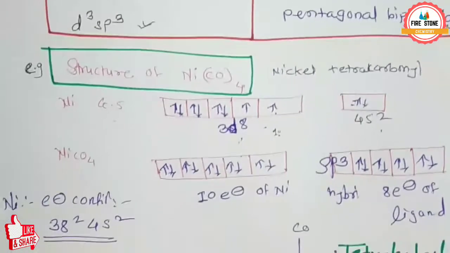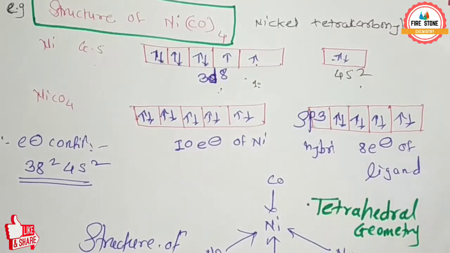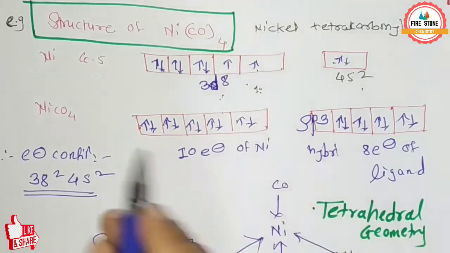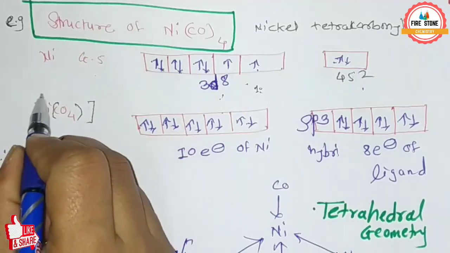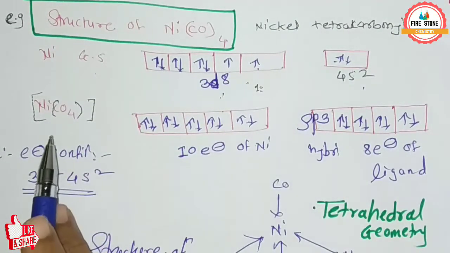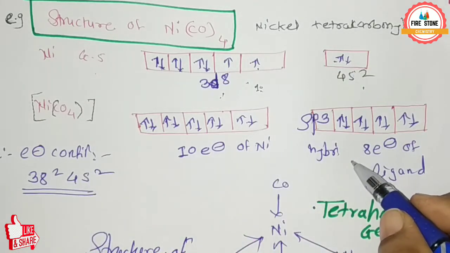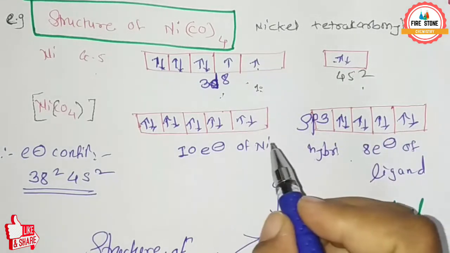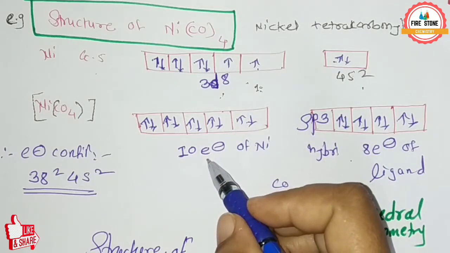When the ligand is attached to the metal ion, the coordination compound is formed. Here we can assign the geometry of this compound from the number of electrons distributed in the d orbital and s orbital.